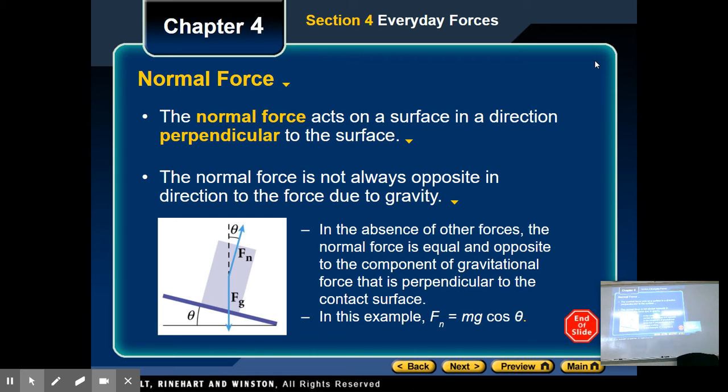Now, we said that gravity is a vector quantity, okay? And what that means is, what sign do we typically attribute to gravitational force? It's pointed downwards typically, negative.